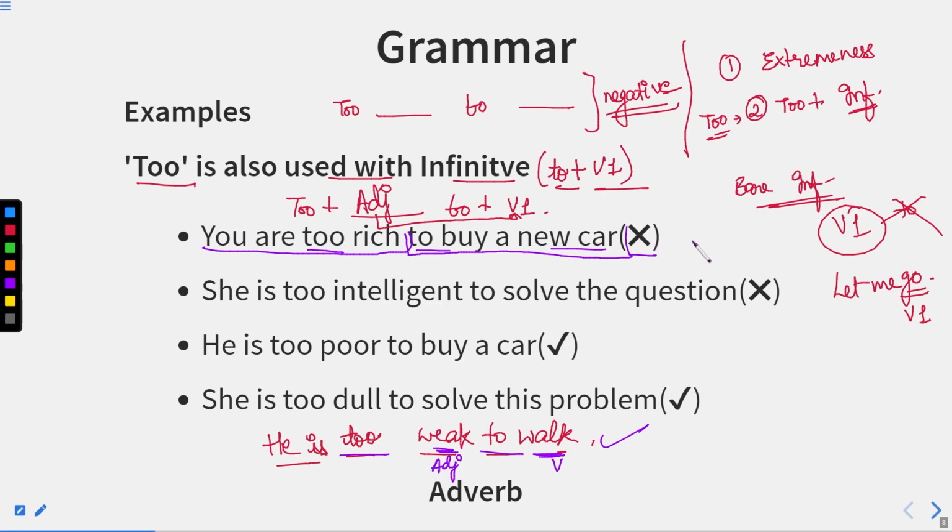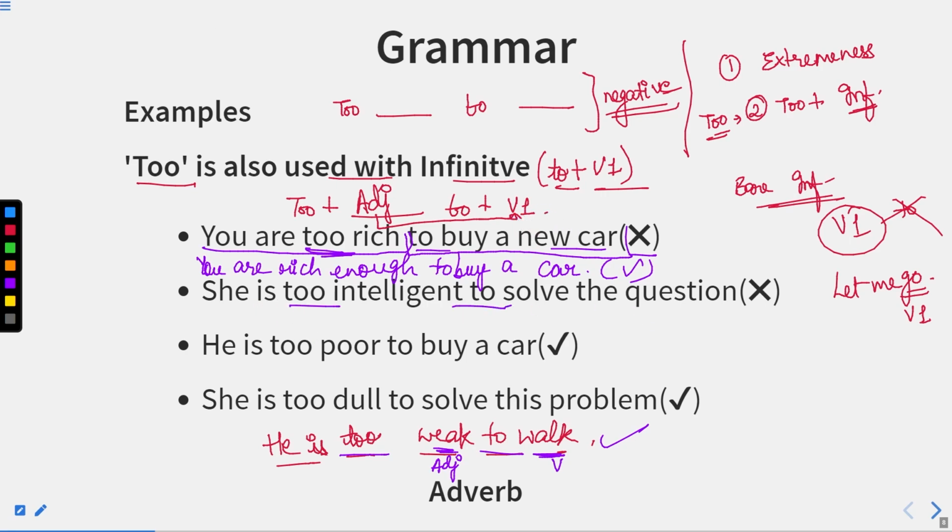So, to rectify this, what we can write is, you are rich enough to buy a car. We can also write, you are very rich to buy a car. So now the sentence is absolutely correct. But if I say too rich to buy a car, that will be incorrect.